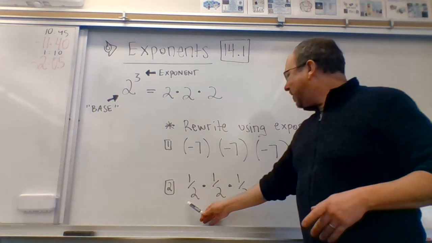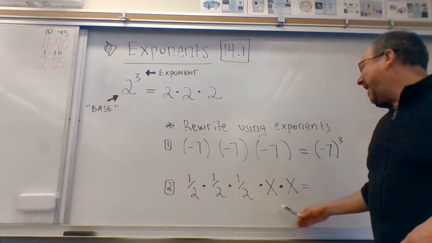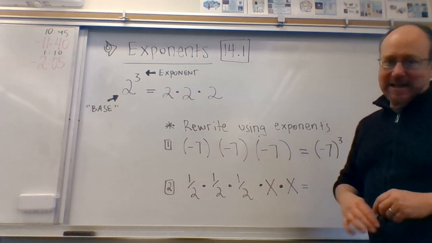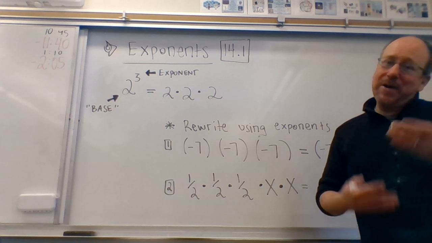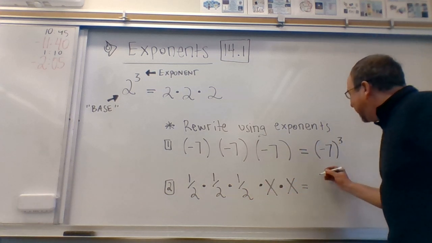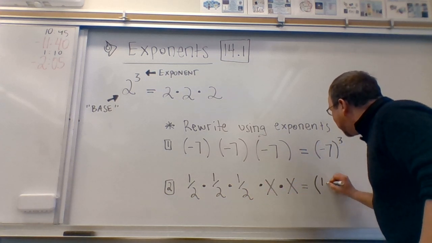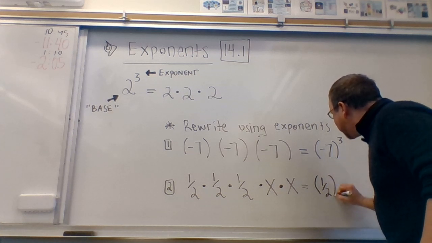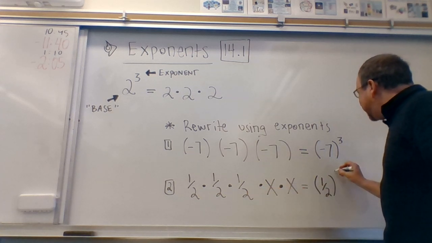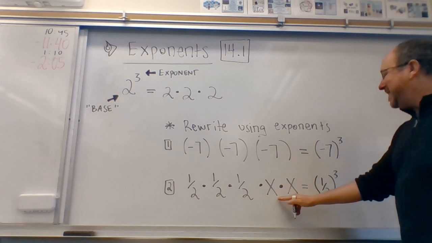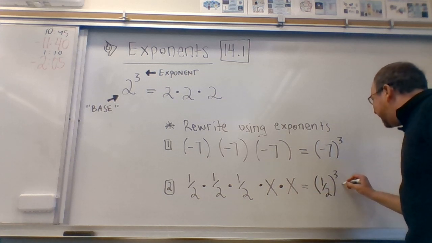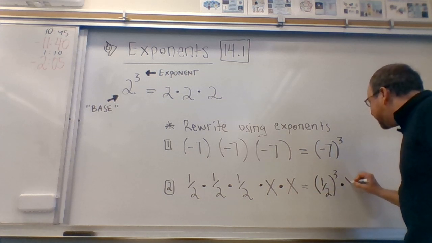Okay, so here we've got a half times a half times a half times x times x, and we can clean it up by rewriting it with exponents. In this case, we're going to say a half is multiplied by itself 3 times, and then x is multiplied by itself 2 times.